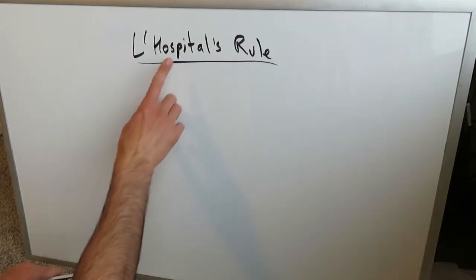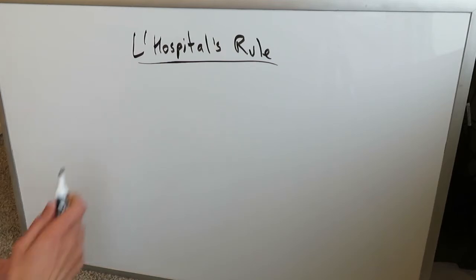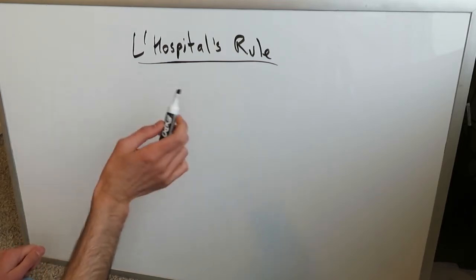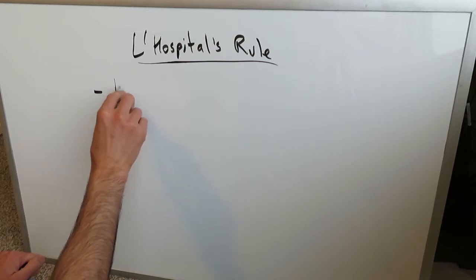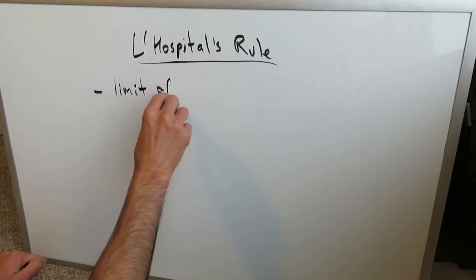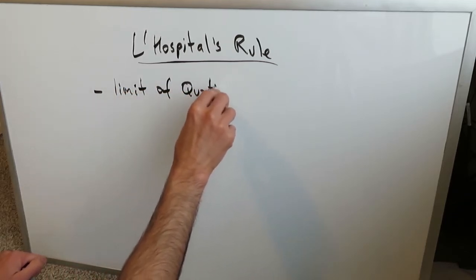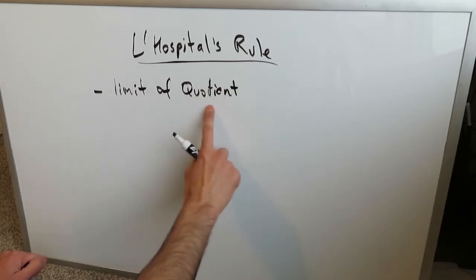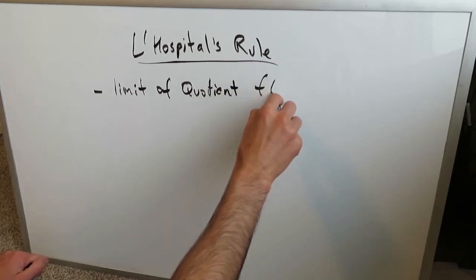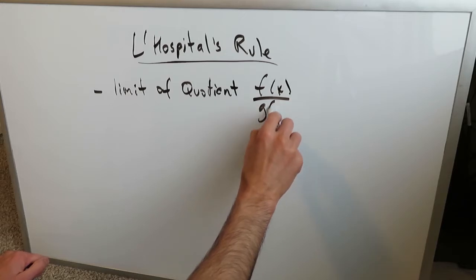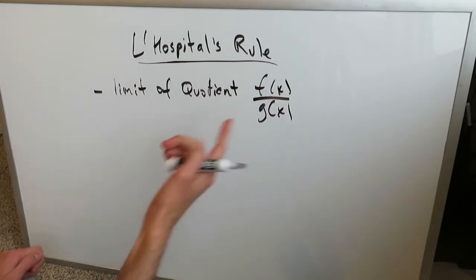Let's very quickly look at what the essence of this rule is. One of the most important defining premises of this rule is that the limit of the quotient, you know what the quotient is, the division of two items, and we can say limit of the quotient of two functions, let's just say in this form, limit of the quotient of f of x and g of x, because you know this right here is a rational function.